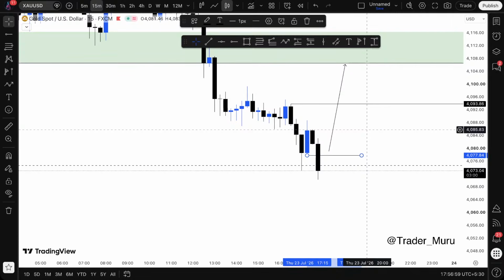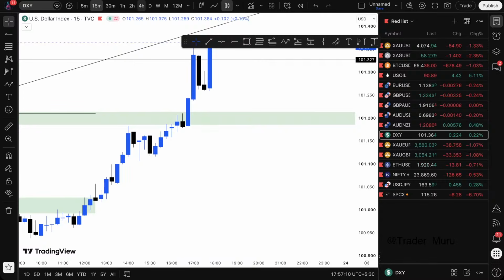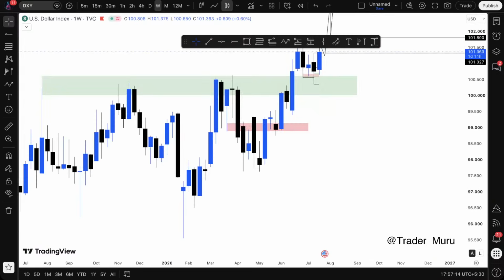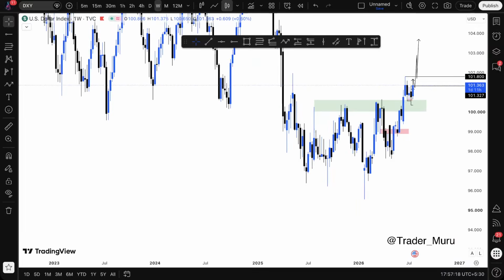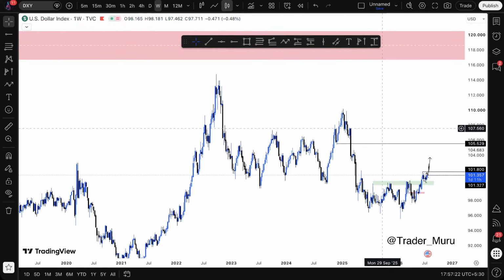Is $105.29 a daily target or a weekly, sir? It is the daily target. Weekly is much higher, somewhere near 1010.